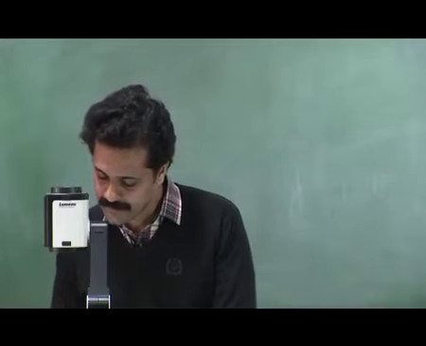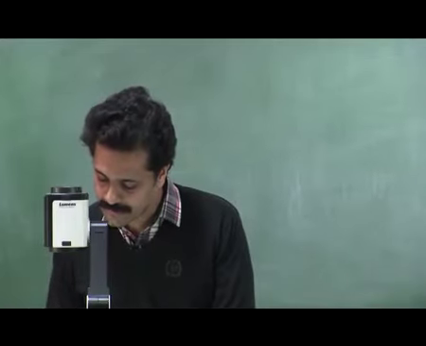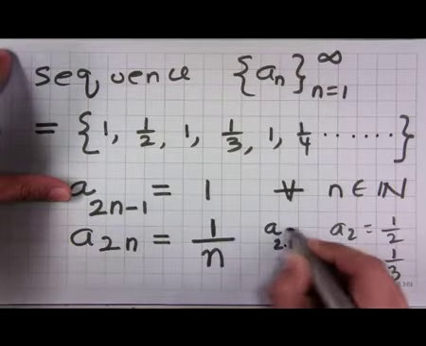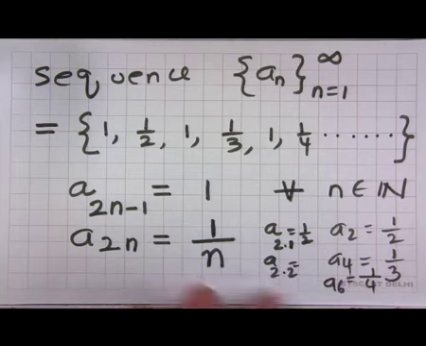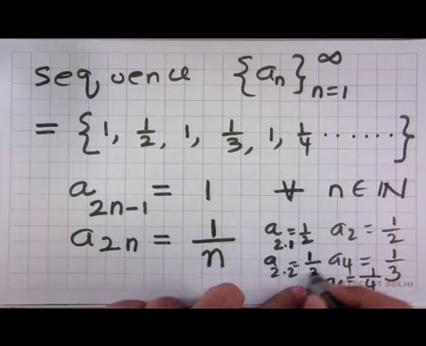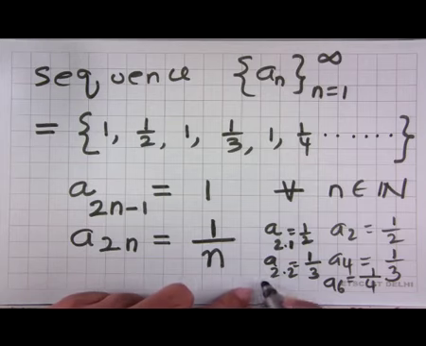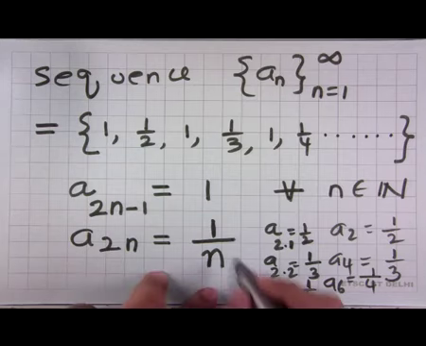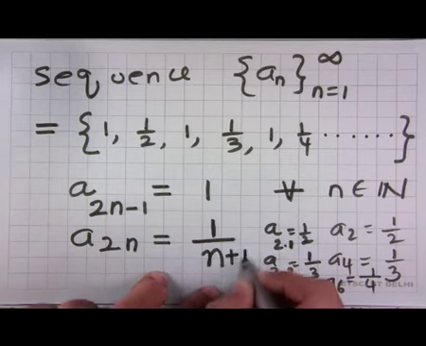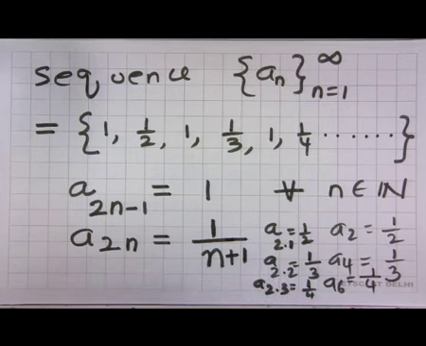That is, the second term a_(2·1) is 1/2, the fourth term a_(2·2) is 1/3, the sixth term a_(2·3) is 1/4, and so on. So a_2n, if you see the pattern, will be 1/(n+1). You can cross check it.